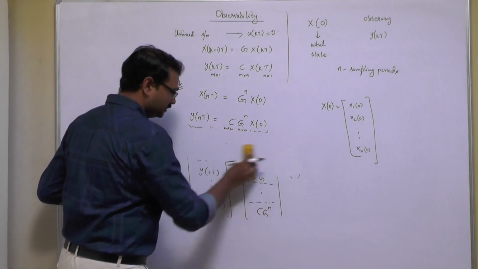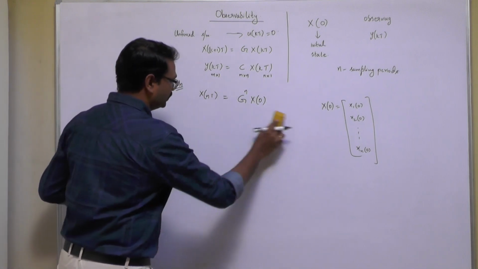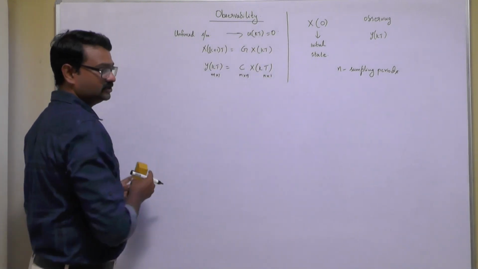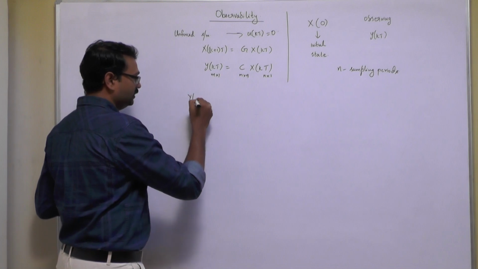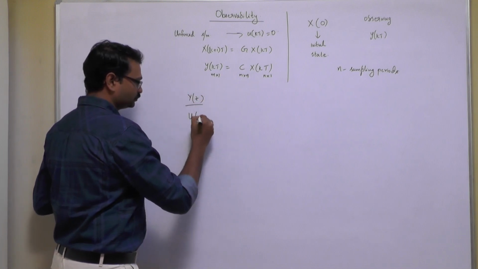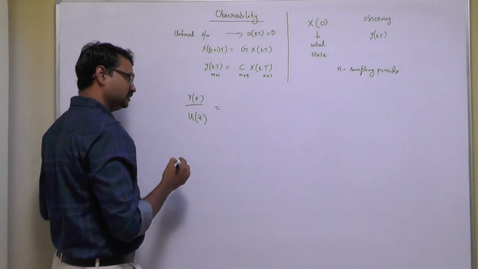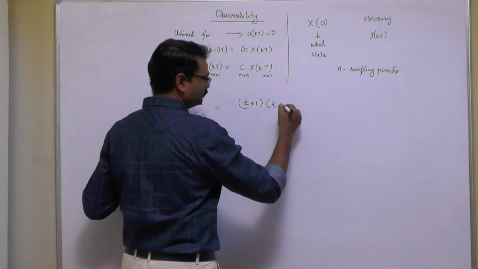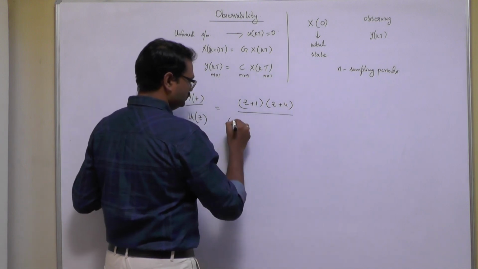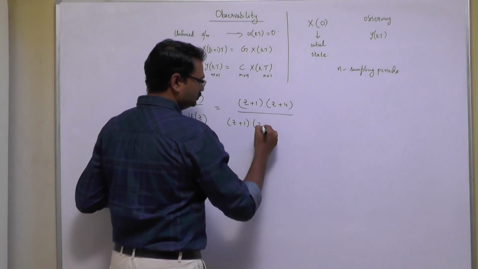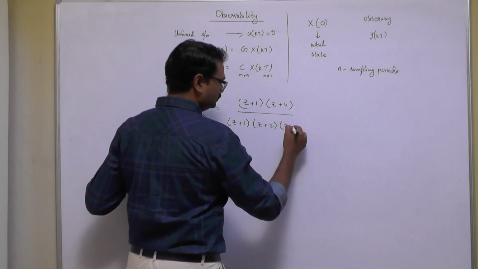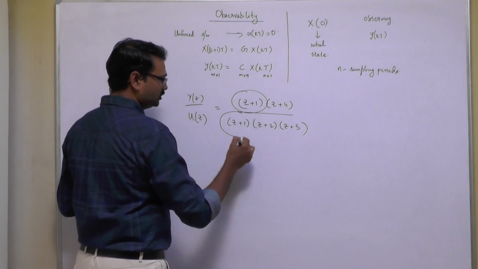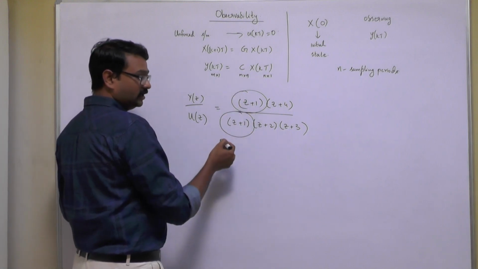And with this in mind, we can say that, for example, a pole zero cancellation is occurring in a transfer function. For example, Y of z by U of z is equal to, let me say, (z plus 1)(z plus 4) by (z plus 1)(z plus 2)(z plus 3). Now you can consider that z plus 1 in the numerator is a zero and in the denominator is a pole.